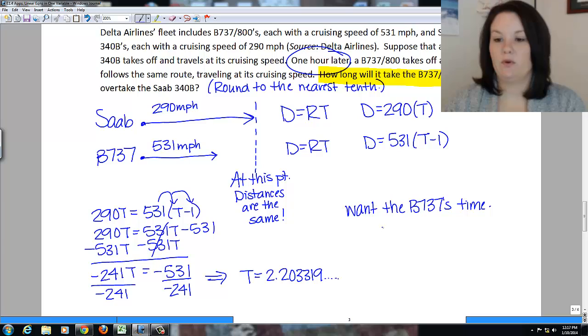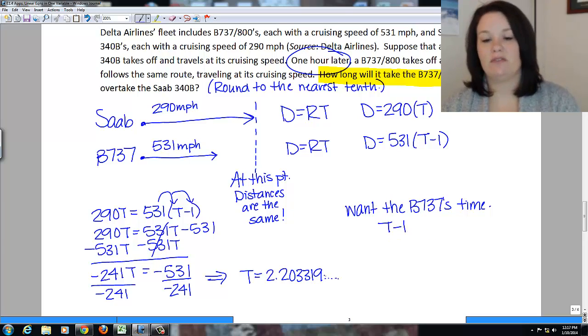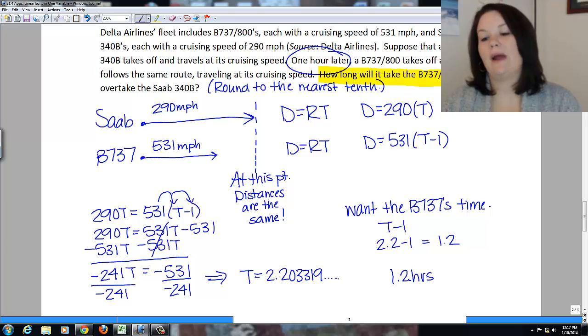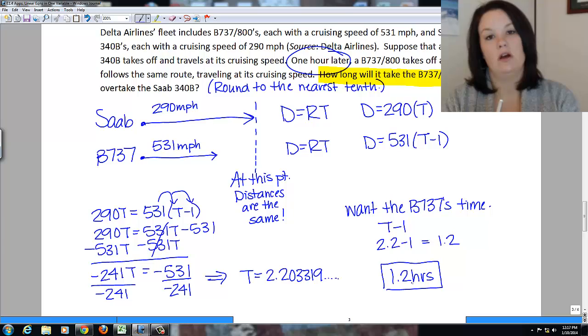Okay, which remember was t minus 1. So I know that t is roughly 2.2, so I just plug that in. 2.2 minus 1 gives me 1.2. So basically what that tells me is it's going to take 1.2 hours for the second plane to catch up to the first plane. Okay.